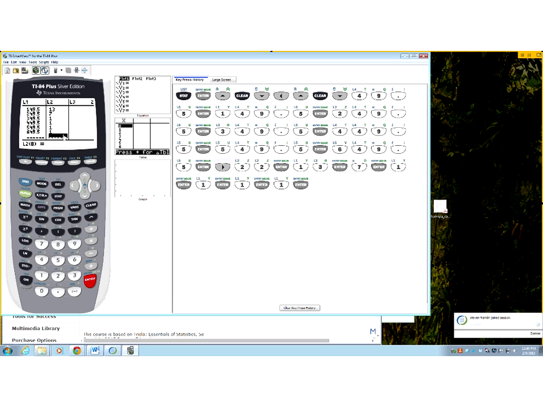Okay, so there it is. That's our L1, our first list. That has the class midpoints, and then L2 has our frequencies.